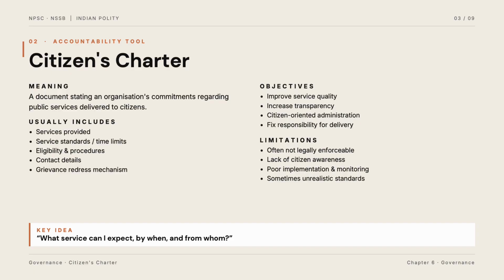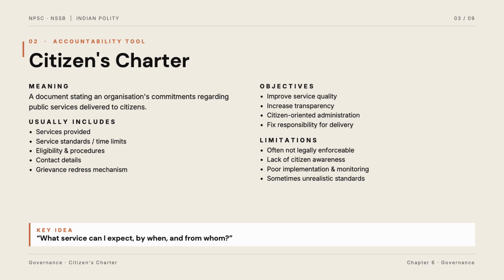So they will have a declaration, and they will state their commitments to the public, saying that we will deliver our services in an honest way, and so on. This is a declaration. So its objective is to improve the service quality, to increase transparency, and so forth.